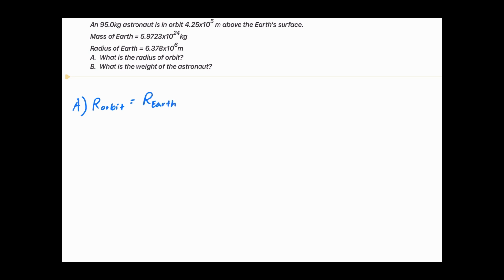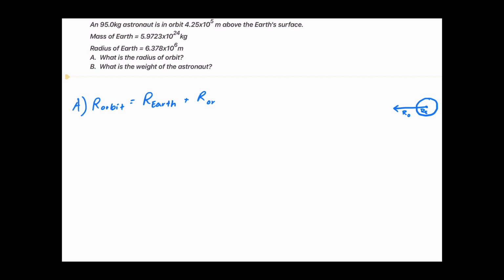Because if you remember with these gravitation problems, our distance is calculated from the center. So we need the radius of the Earth right here, and then we need the radius of our orbit. Okay? So we have our radius of our Earth, and then we have the, I guess, like the height.